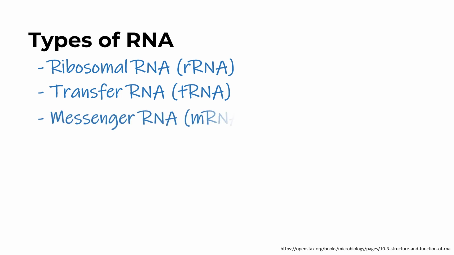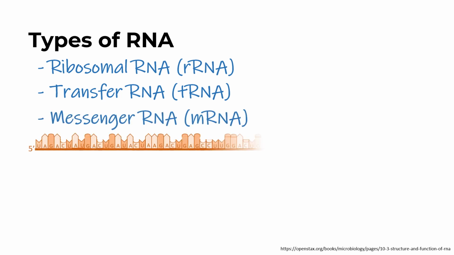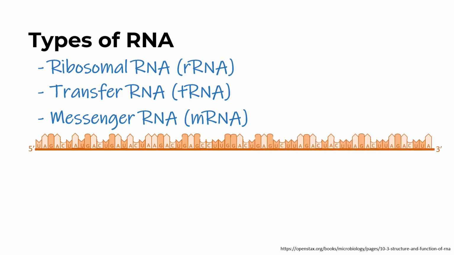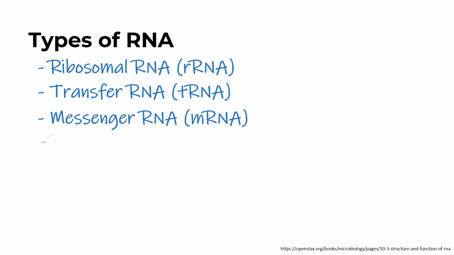Messenger RNA holds the information for the sequence of amino acids in a protein. Finally, the last type of RNA is regulatory RNA. These are very small pieces of RNA that are involved in regulation of genetic information. They are sometimes called microRNAs, small inhibitory RNAs, interfering RNAs, or riboswitches.